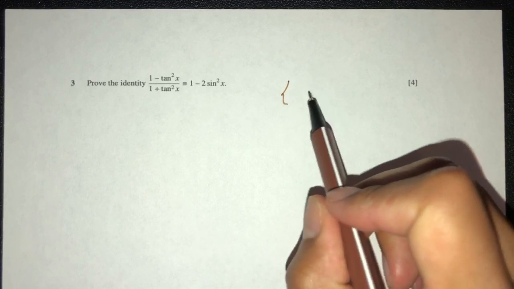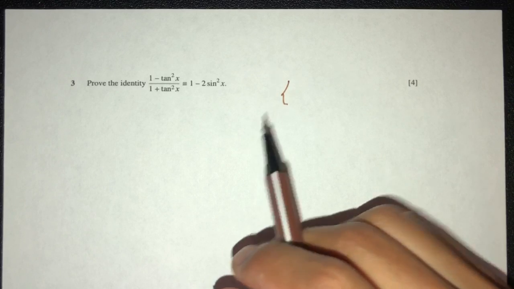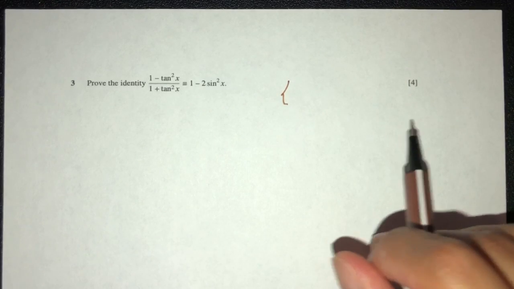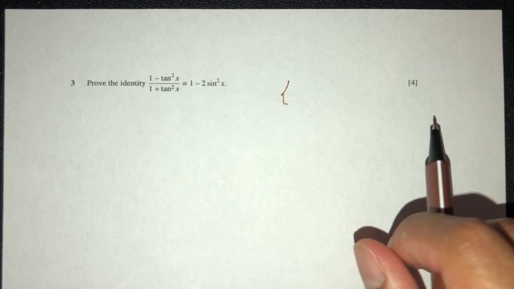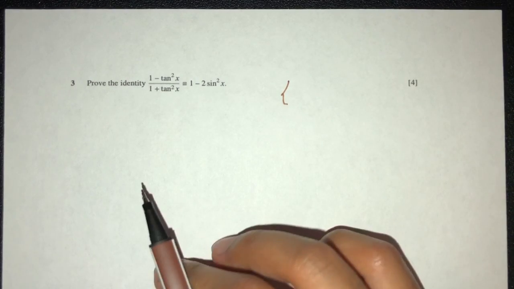Now we know something that is given to you as well. The identity that we have is sine square x plus cos square x equal to 1. However, it can be simplified or changed into another version. But again, this is given to you, right?